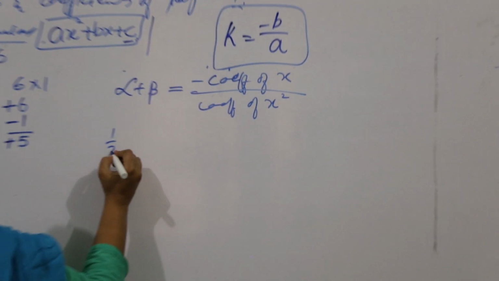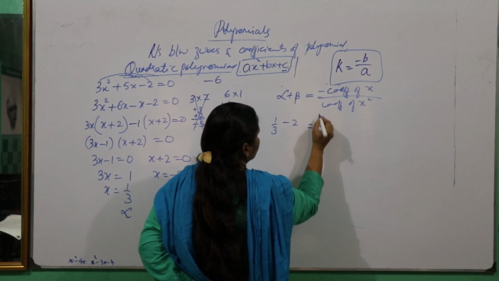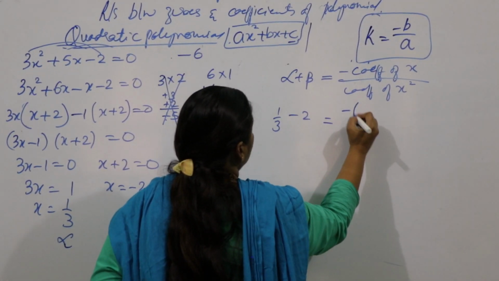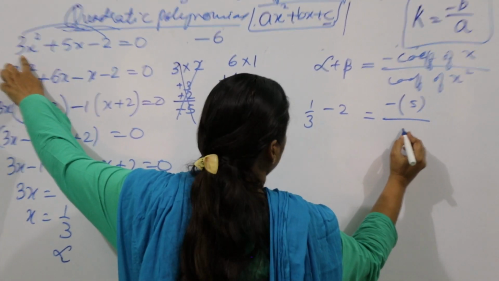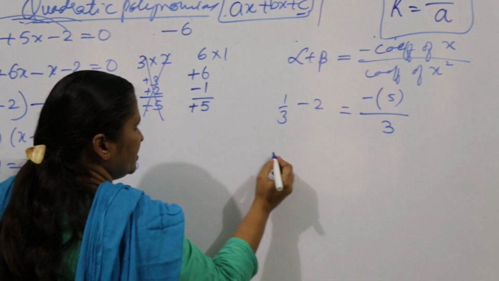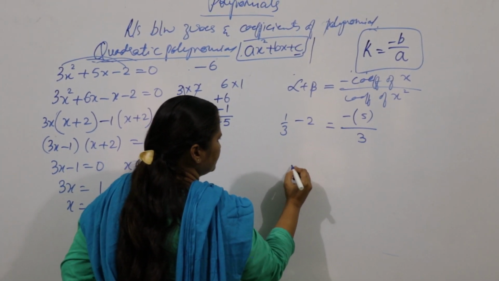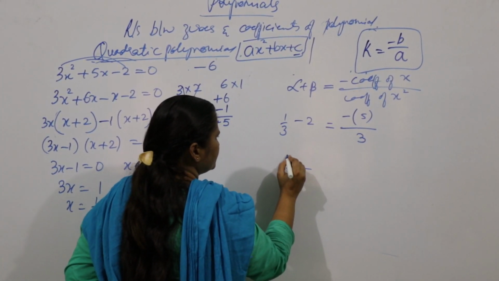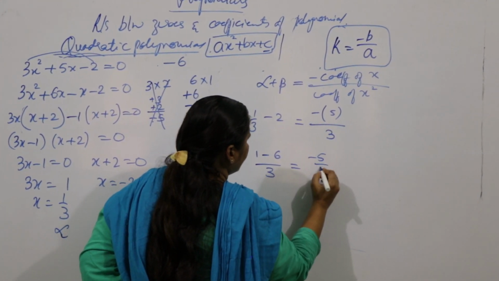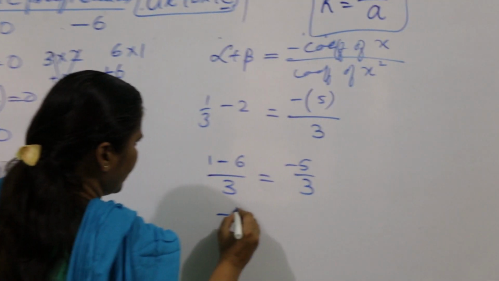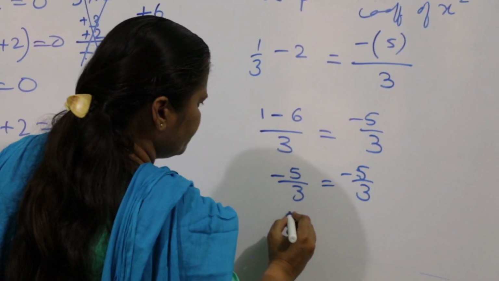What is alpha? 1 by 3. What is beta here? Minus 2. So minus, what is the coefficient of x, children? 5. What is the coefficient of x square? 3. If LHS becomes equal to RHS, then there is a relationship. This becomes 1 minus 6 by 3, which is equal to minus 5 by 3. Minus 5 by 3 equals minus 5 by 3.